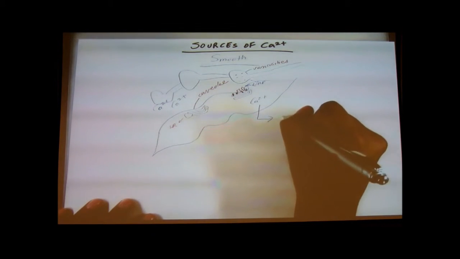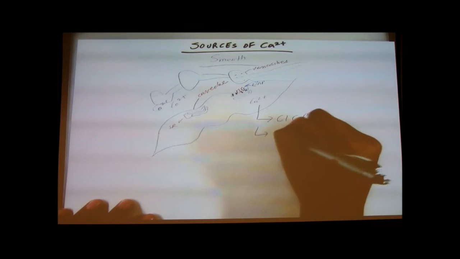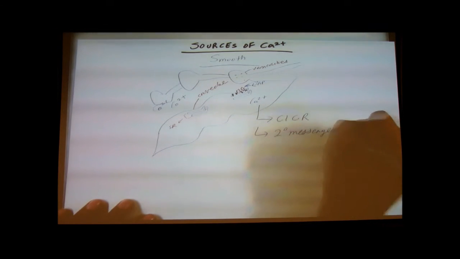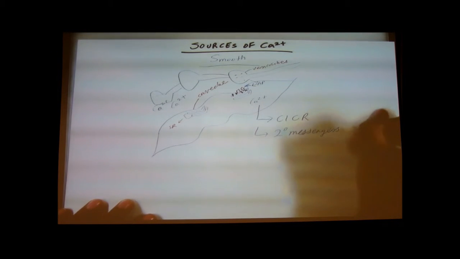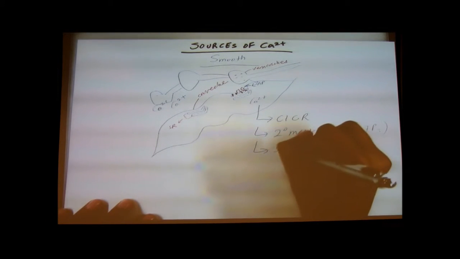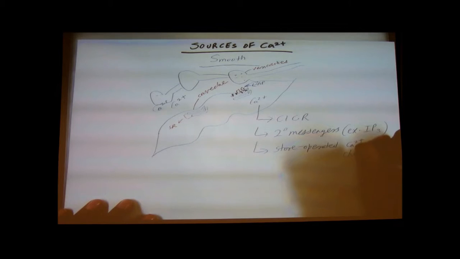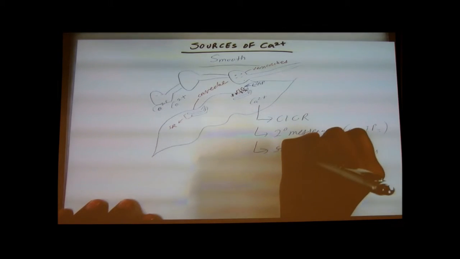They can be just like in cardiac muscle cell, the calcium-induced calcium release. You also have secondary messengers triggering the release of calcium from the sarcoplasmic reticulum. An example of this is a molecule called IP3. And then there's also something called store-operated calcium channels.